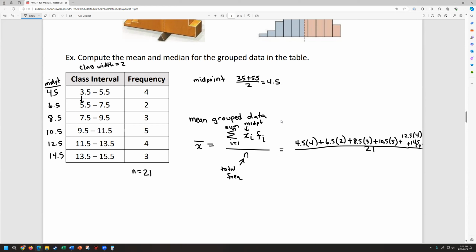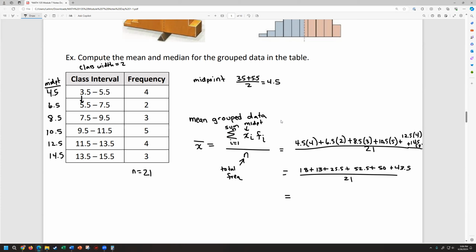Okay, so when I did the multiplication of each of these parts, I'm just going to write out my multiplication step. I got an 18 plus a 13 plus a 25.5 plus a 52.5 plus a 50 plus a 43.5. So notice that's multiplying 4.5 times 4, 6.5 times 2, and so on.